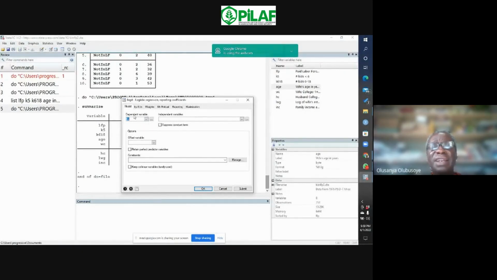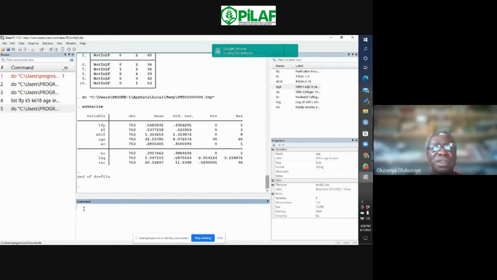Going by the background I gave, that dependent variable must be binary, a variable with two possible outcomes. Then you select all the independent variables. This is the model. You can just copy this, come here, and paste.